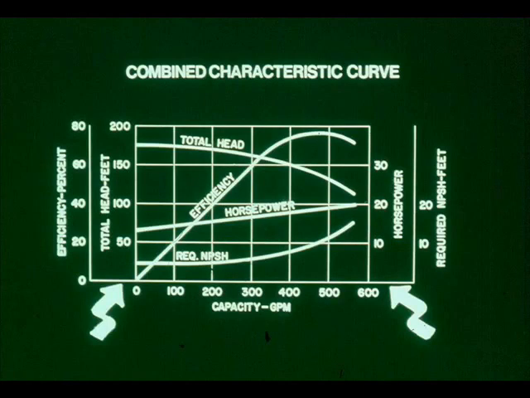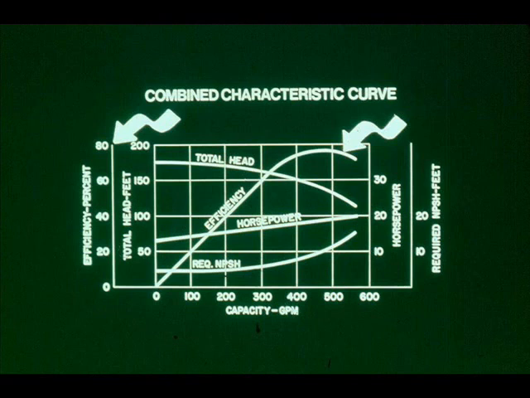Usually you will see characteristic curves shown in this manner. Several different characteristics are shown on the same chart. The horizontal scale shows capacity only. There are several vertical scales, a different one for each characteristic curve. This one shows efficiency and goes with the efficiency curve.